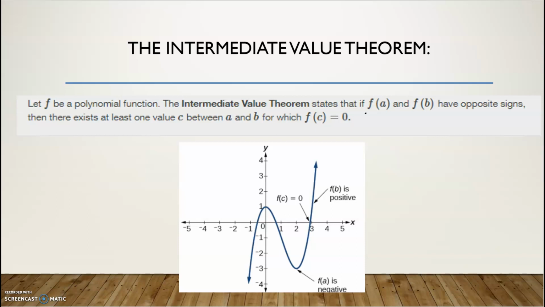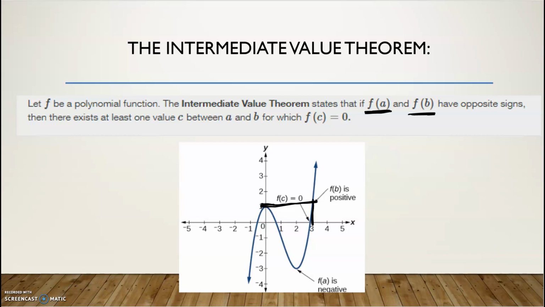So this is just saying we have a y value at a and a y value at b. If we call this right here f of b, we have a y value that's close to 1, and our x value is 3.